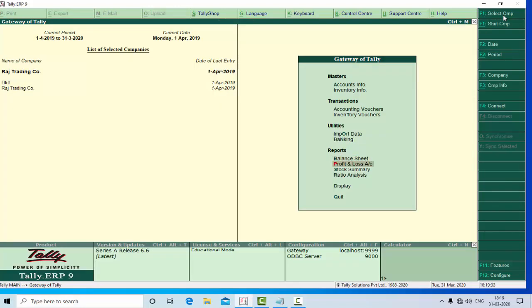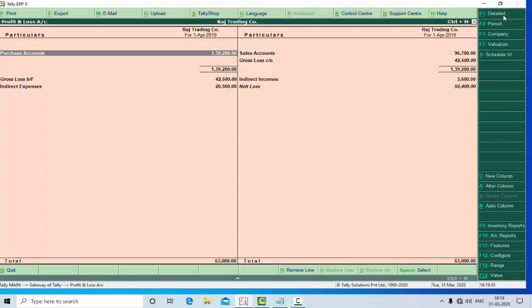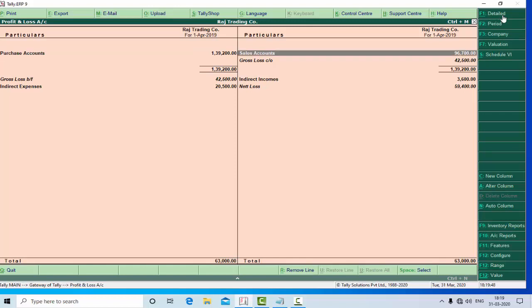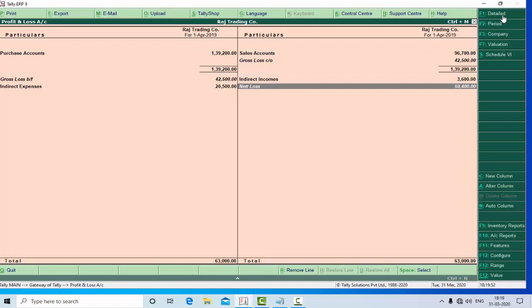And next one is profit and loss. The profit or loss earned by the business during this period. Purchase on the left hand side, means all expenses on the left hand side and all the incomes on the right hand side, and that will display in two parts. One is the trading account and here is the profit and loss account.